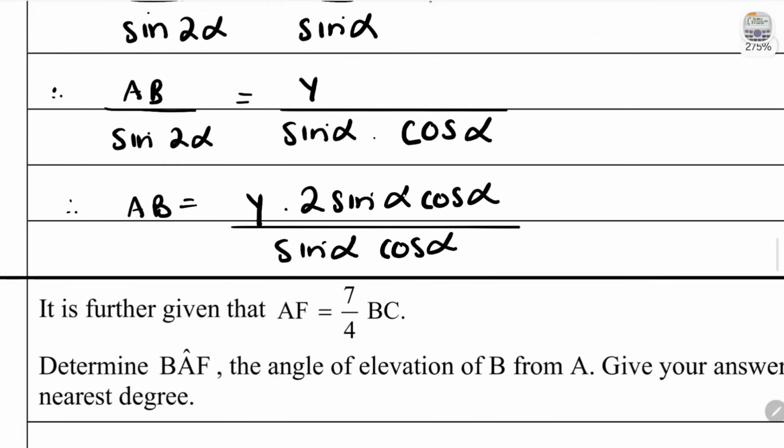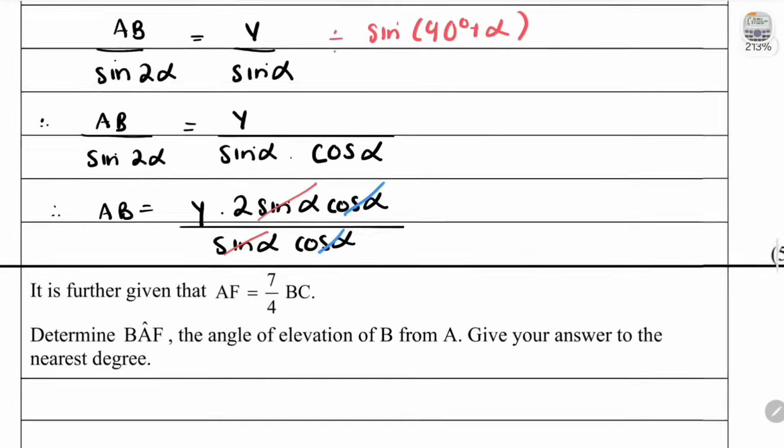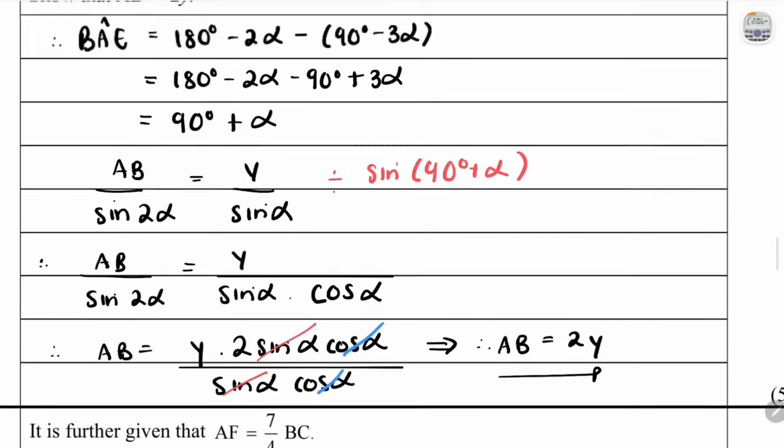And like that, what will happen is the sine alpha and sine alpha cancel, and the cos alpha and cos alpha cancel, and you're just left with 2 times y. So that is why AB is therefore equal to 2y.